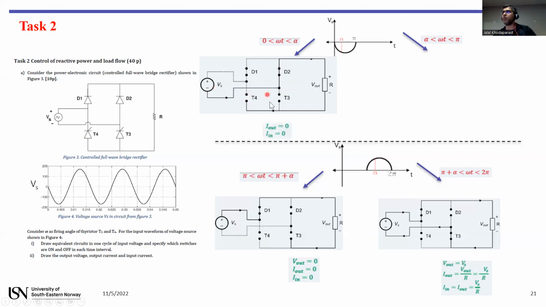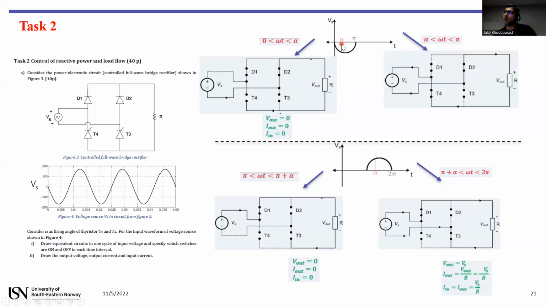If you follow this direction, there is no closed path. The only closed switch is this one. Since we don't have any closed path in the circuit, the output voltage and output current will be zero. And since we don't have any current, the input current is zero as well.